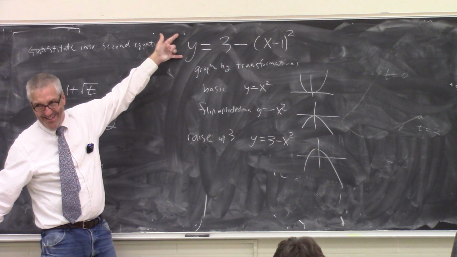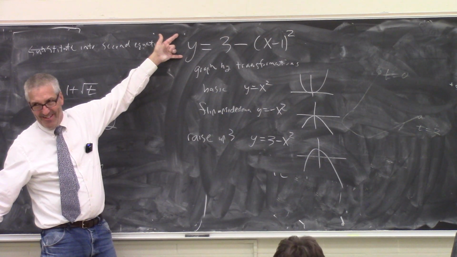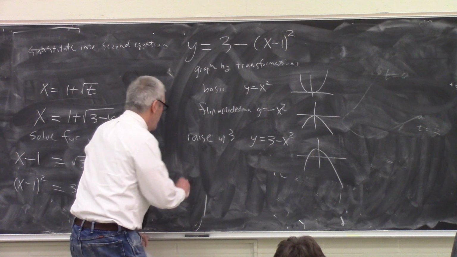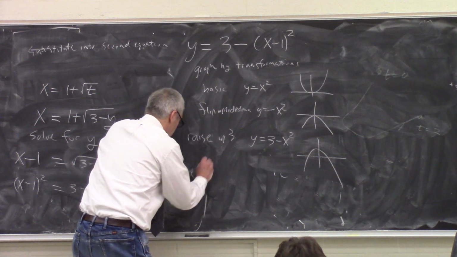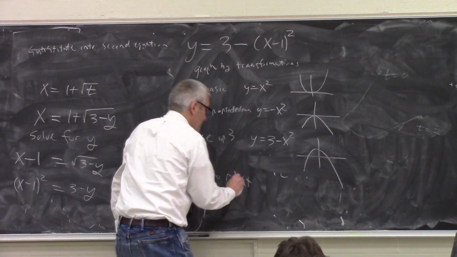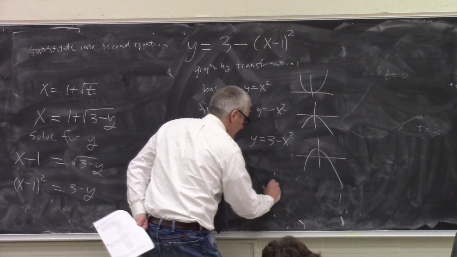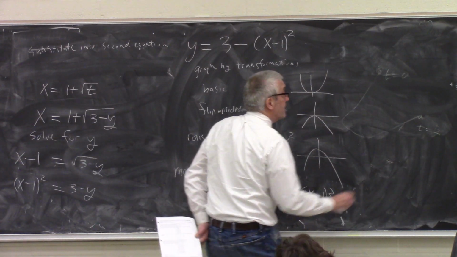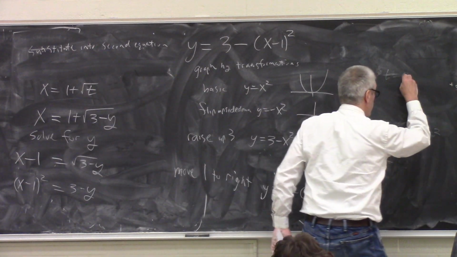Would we maybe move it one to the right, the x minus 1? Yeah, move one to the right. So we get y equals 3 minus (x minus 1) squared. So here's my graph.